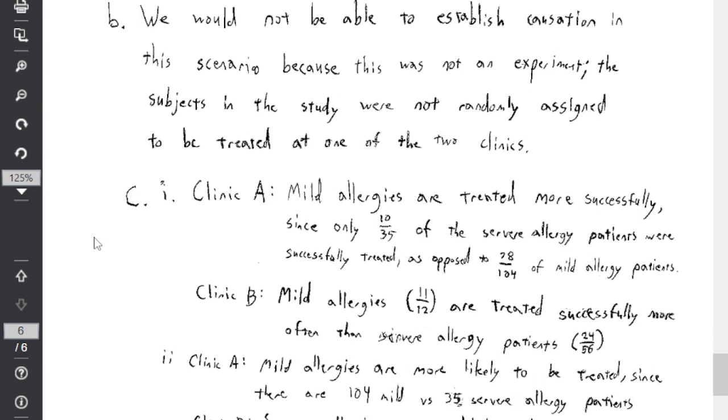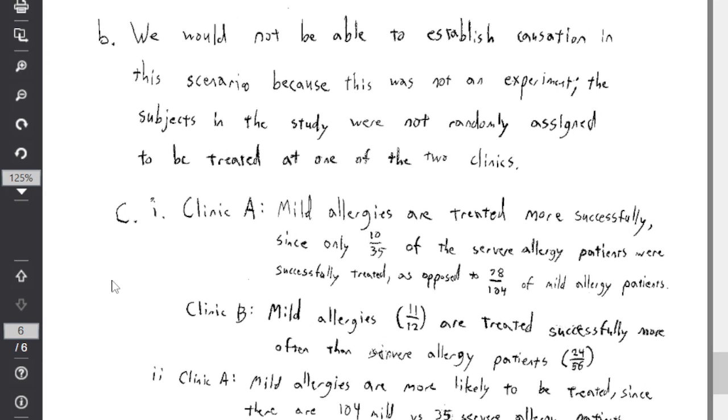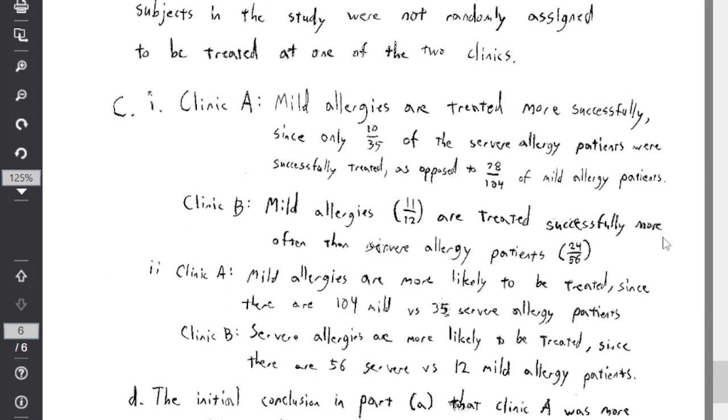But you can see which one's treated more successfully at both of them. The mild allergies were treated more successfully, and here are the proportions to break that down and compare. In the next part, in Clinic A, mild allergies were treated more often, and in Clinic B, the severe allergies are treated more often.